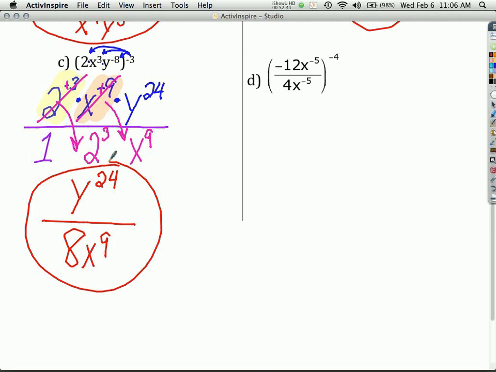Because if there's negative 5 for each x, that means that it's basically 1 over x to the 5th for both sides. And would that cancel out? That'll be basically the same thing as saying 1 over 1 or 2 over 2. Well, x to the negative 5th power is on both sides, so they would cancel each other out, and negative 12 and 4 have a common factor of 4, and they would be simplified.